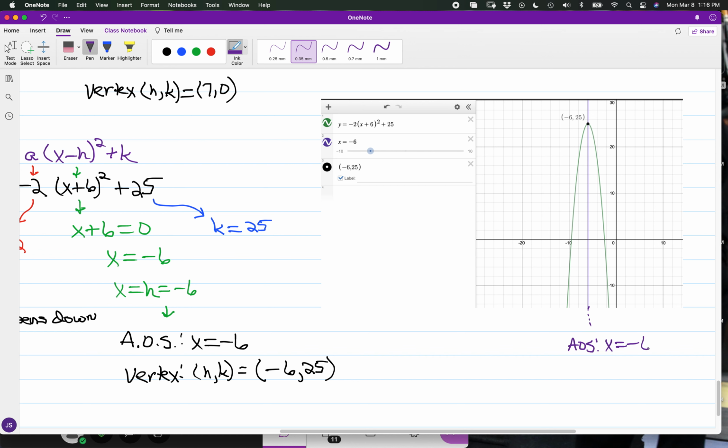And for the graph itself, we have negative 2 times the square of x plus 6 followed by the addition of 25, with the peak point at (negative 6, 25).